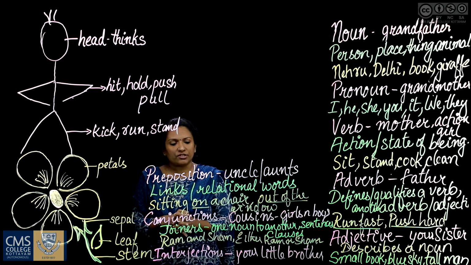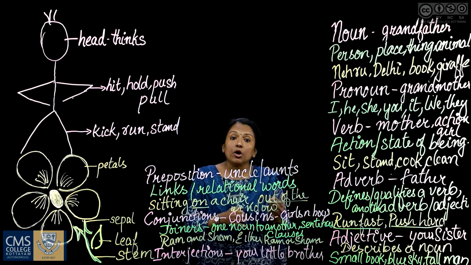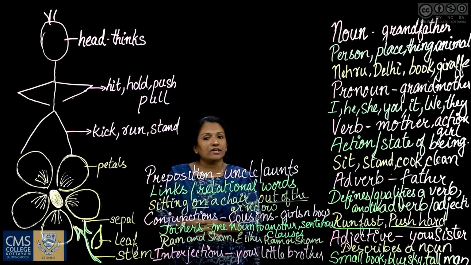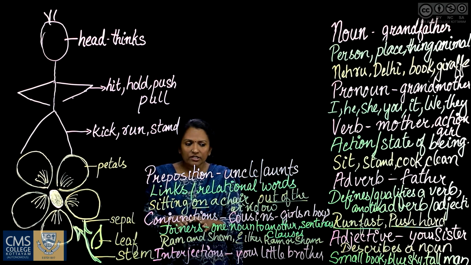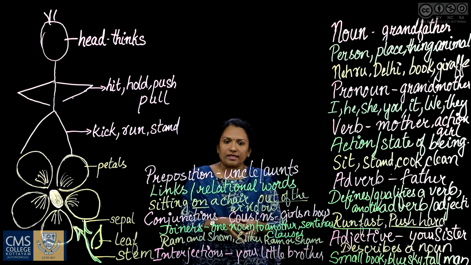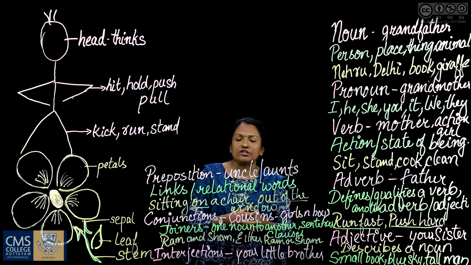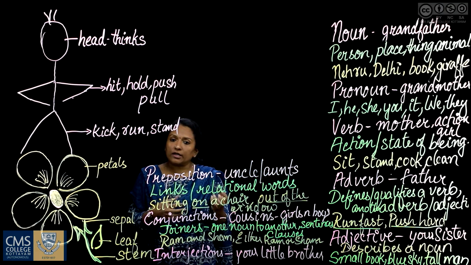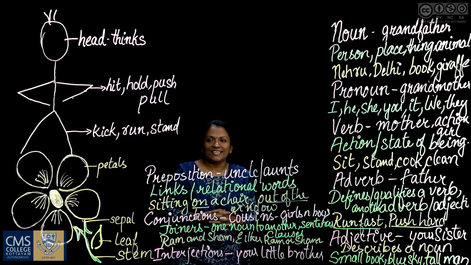And is a conjunction. Not only but also is a conjunction. So, conjunctions are basically joiners, connectors, which connect one noun to another, one sentence to another, or one clause to another. And the last in our list are interjections.